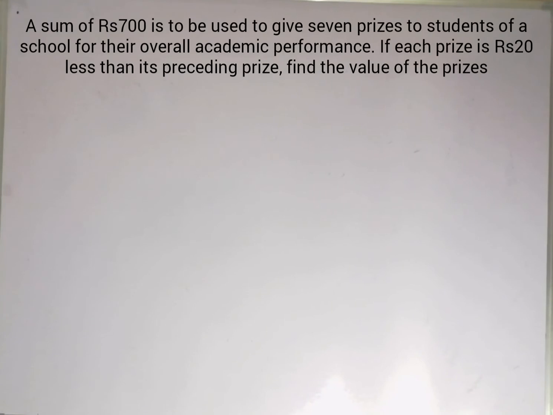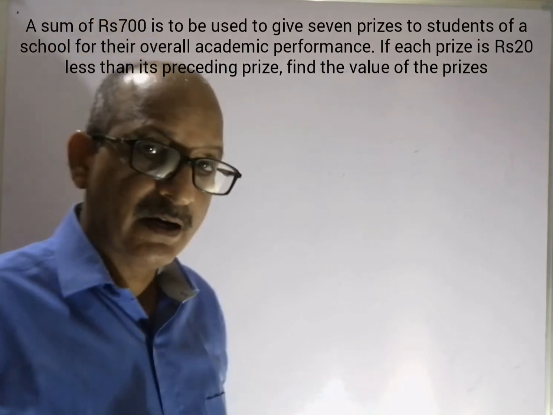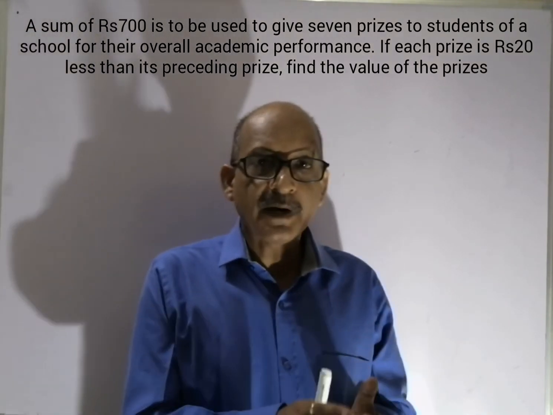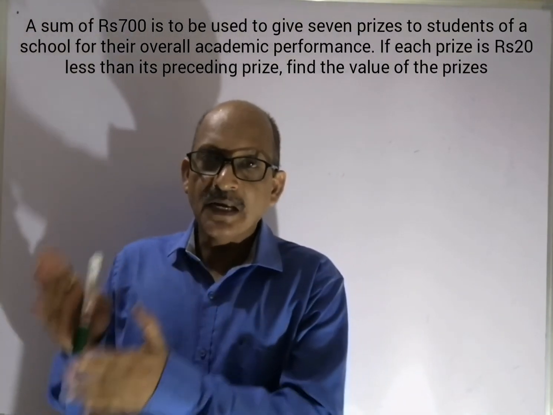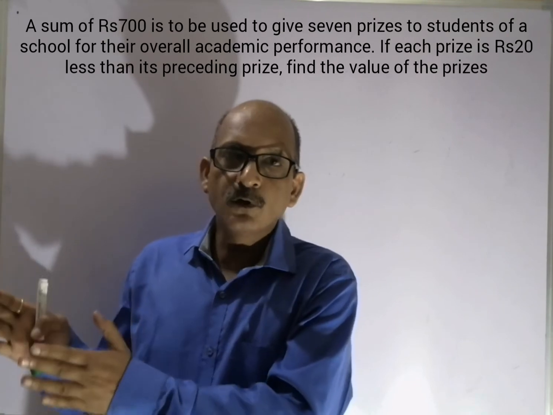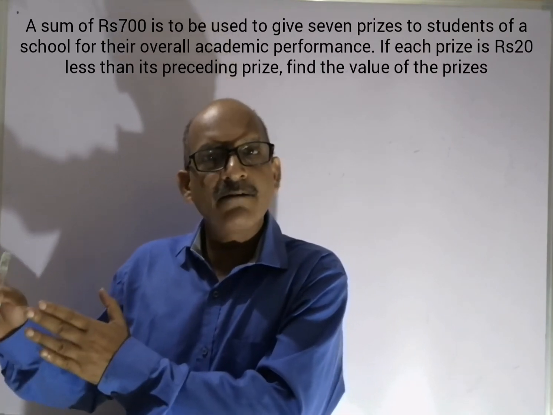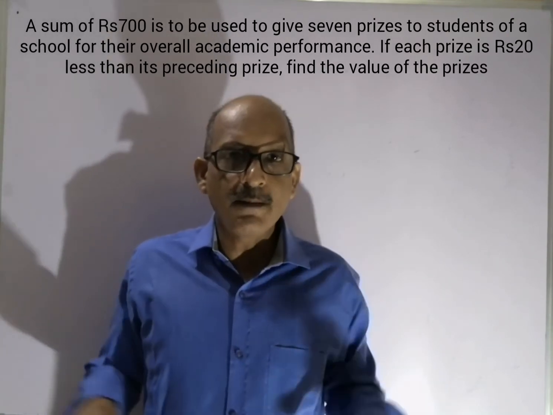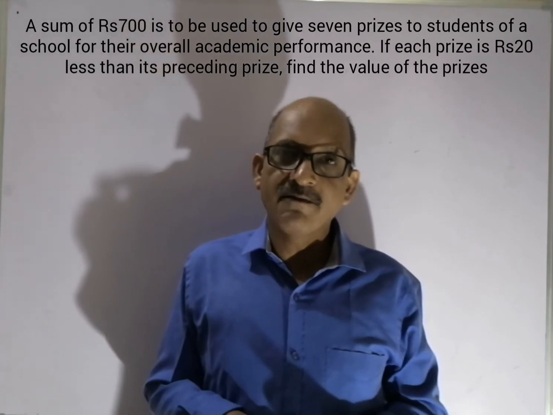Well clear over here. There are only 7 prizes, so n is 7. Total amount that is to be distributed amongst the students is 700. Means that first prize plus second prize plus third prize plus fourth prize and so on up to 7th prize, the total sum is rupees 700.